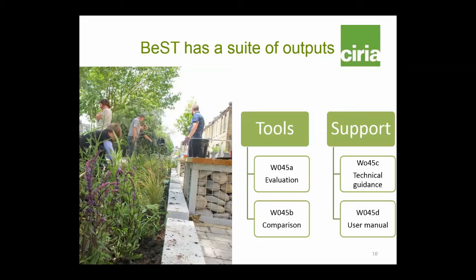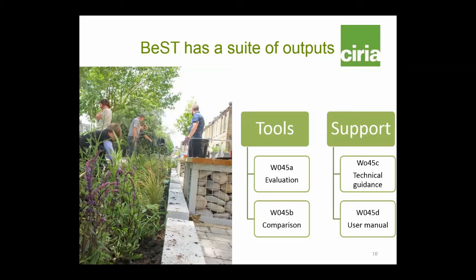We have W045C, which is the technical guidance, a document which you can download along with all these other components off the web, which talks you through in a bit more detail how to use the tool, and particularly when you come to assess the benefits, key things to consider around each benefit category, for example double counting, or where the values in the tool have come from.